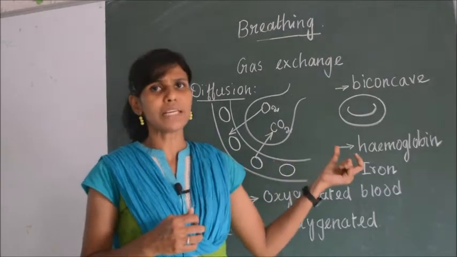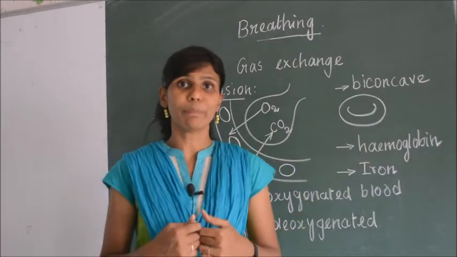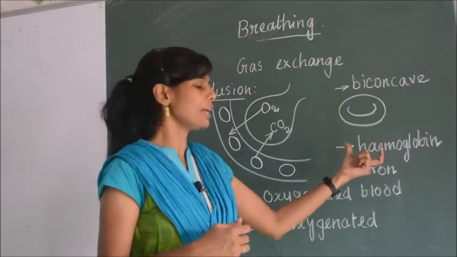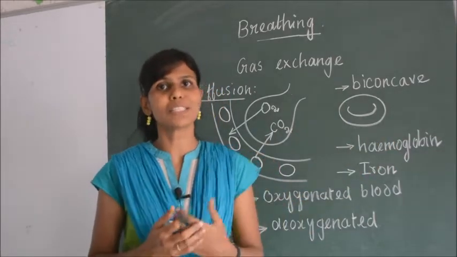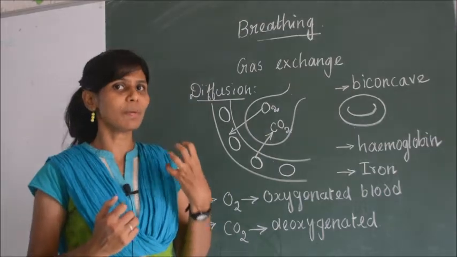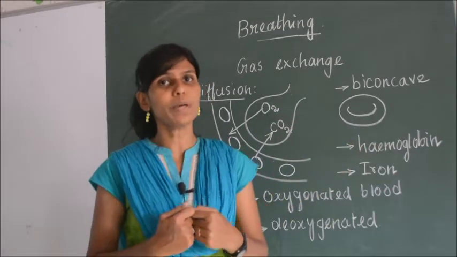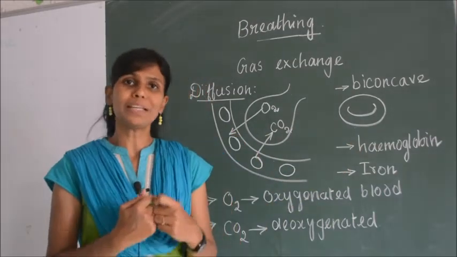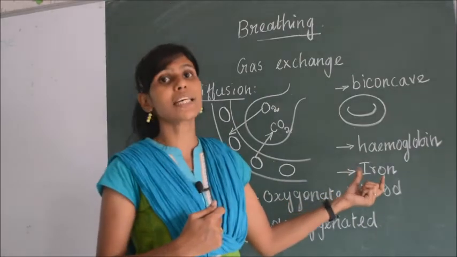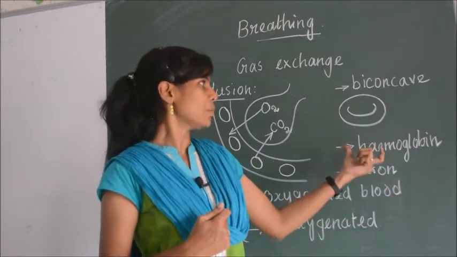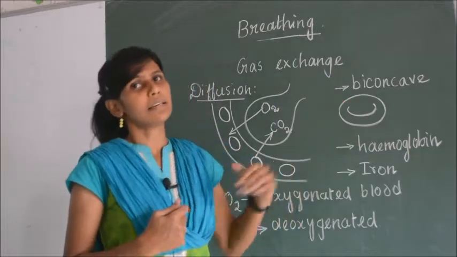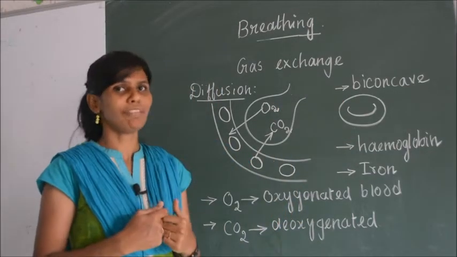And red blood cells are red in color because of a pigment called hemoglobin. Why are red blood cells red in color? Because they carry a pigment called hemoglobin, and hemoglobin is rich in a mineral called iron. So iron, hemoglobin, biconcave, all these terms you should be familiar with.